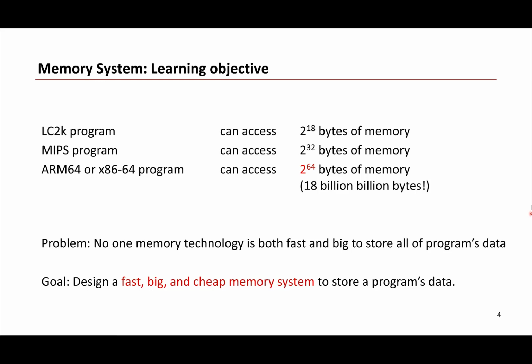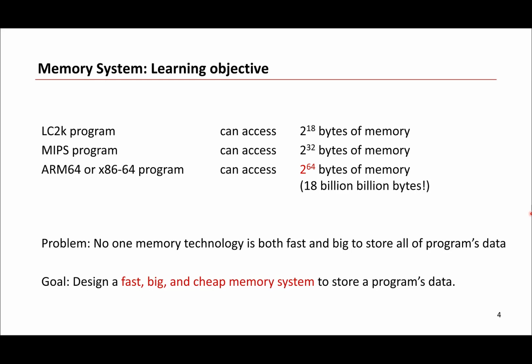But then if you take a modern ISA like ARM64 or x86-64, which are both 64-bit ISAs, a program can access 2 to the power 64 bytes of memory. Now that's a lot. That's 18 billion billion bytes worth of data.